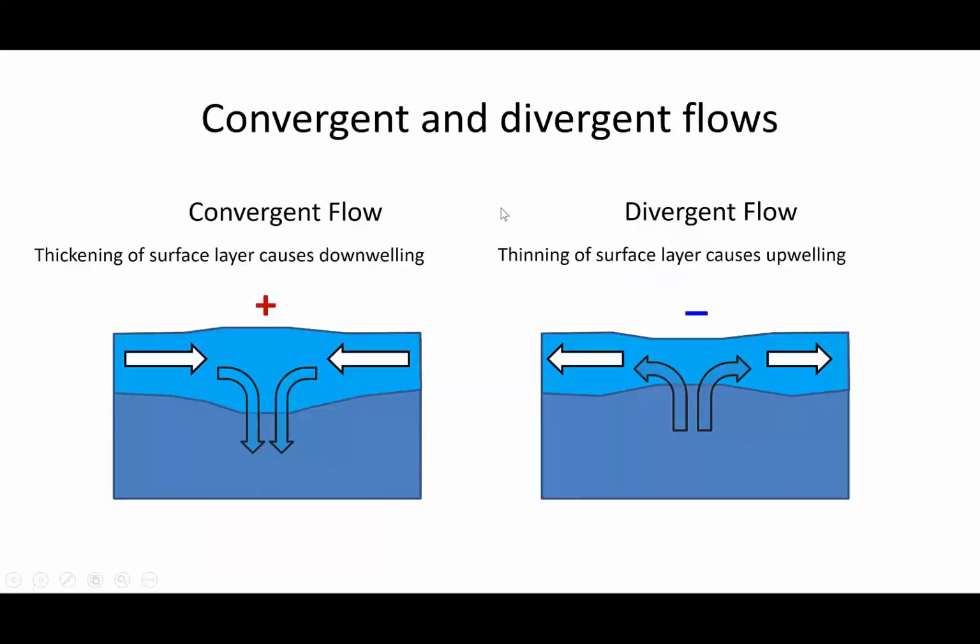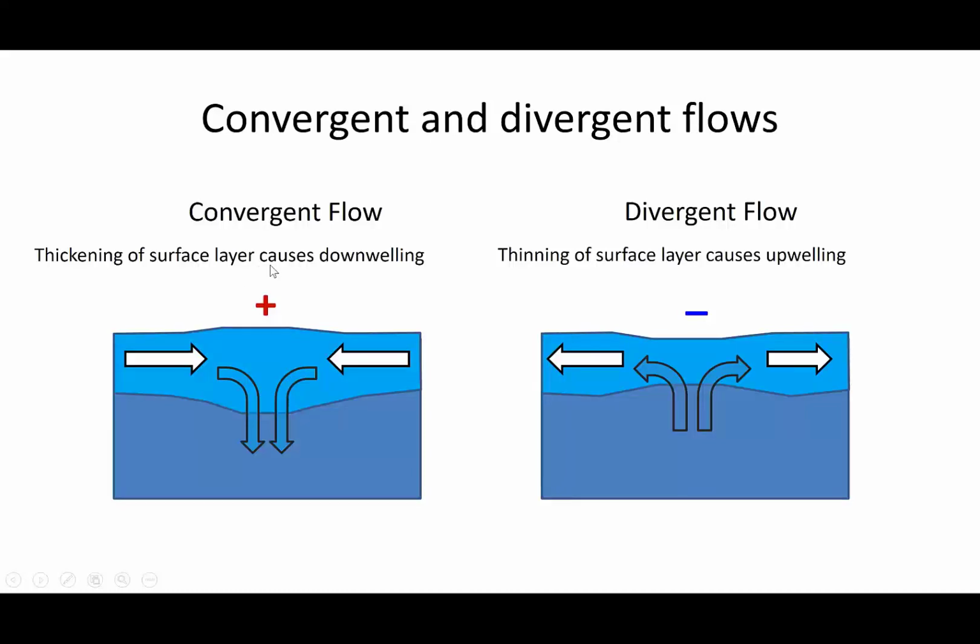So convergence and divergence of flows is a really important concept to understand. And I'm sure you've considered this in terms of convergence and divergence in atmospheric flow. So it's similar in the ocean. Where we have convergent flow, we have a piling up of water. So these surface layers become thicker and we get downwelling of water.